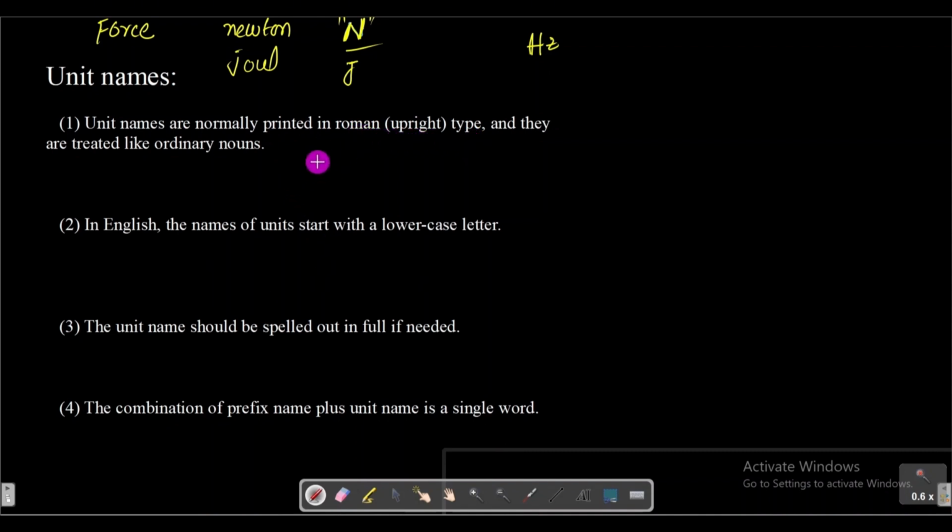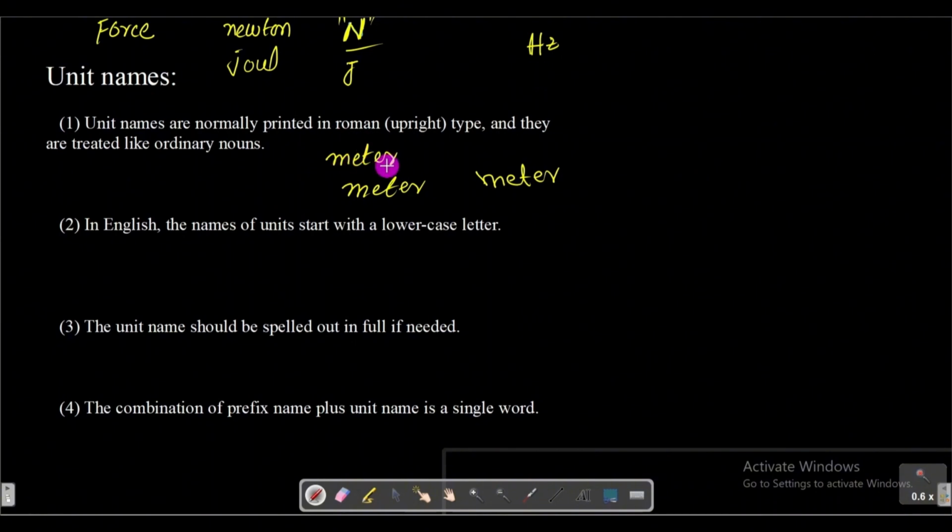It means that if the unit of length is meter, meter is actually the unit name. So we will write this in the upright form, not in italic form. We will write this meter in the upright form.